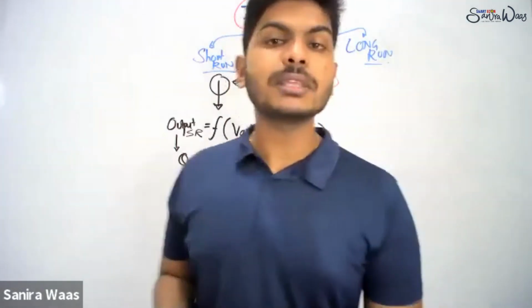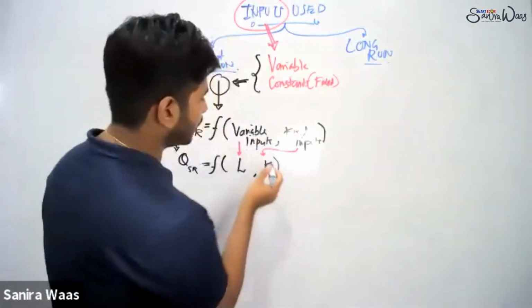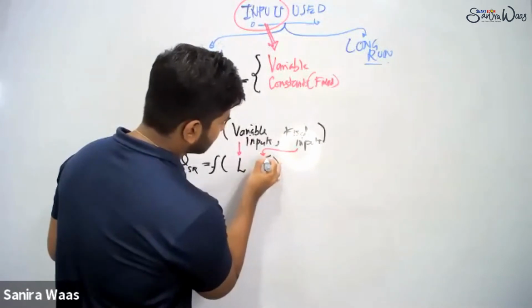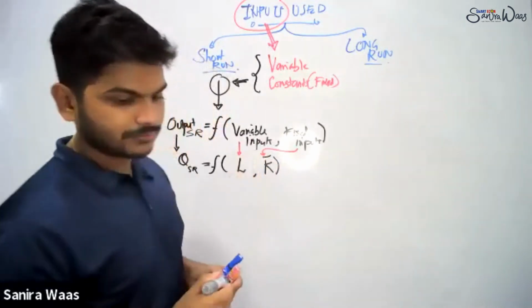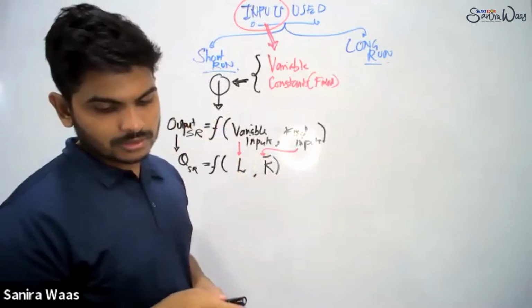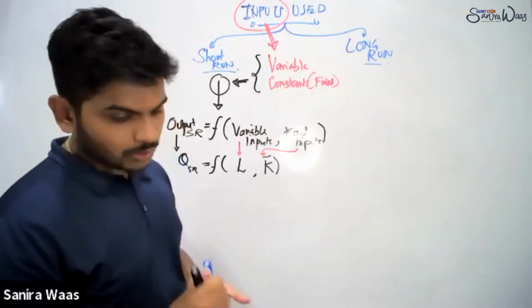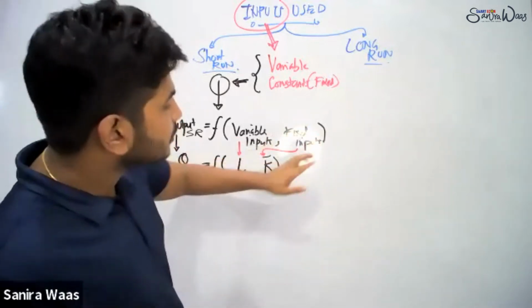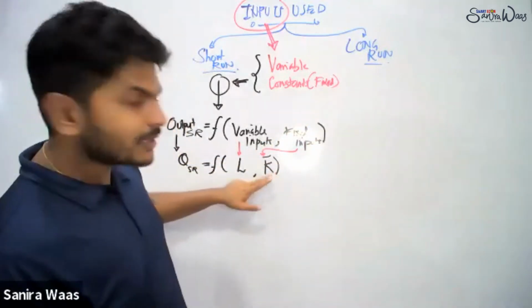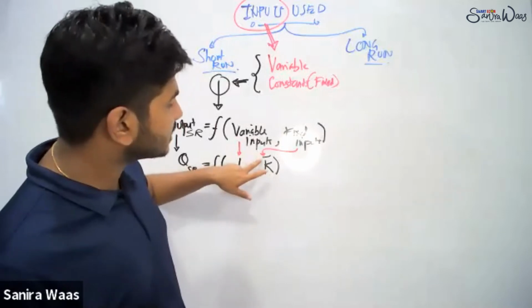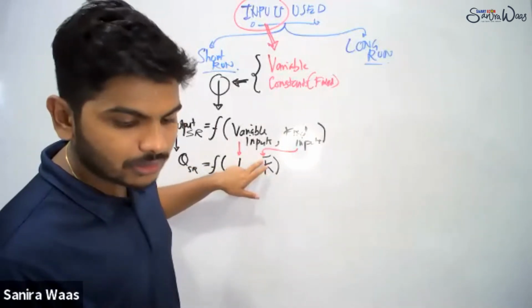You have to make something fixed. How to make it fixed? You need to put a little dash like this, which makes it fixed. You need to include capital because it's fixed, but you need to include it as fixed.